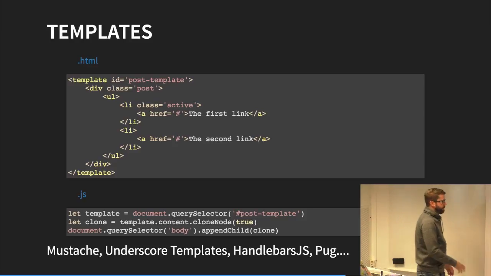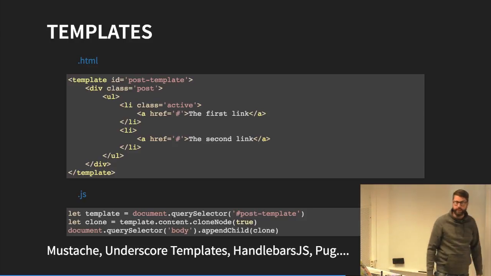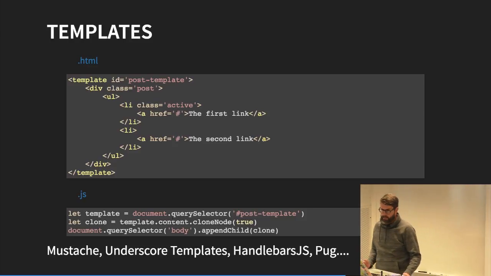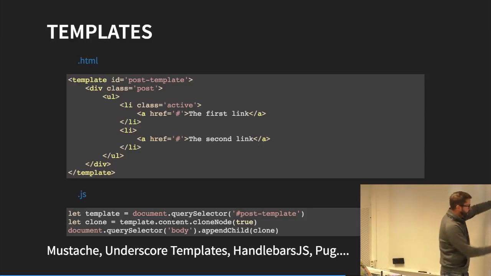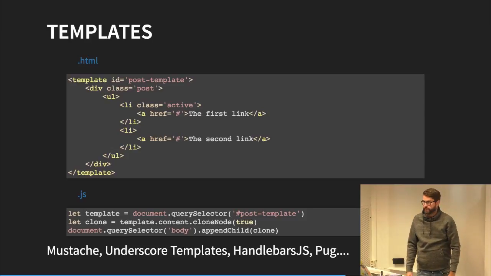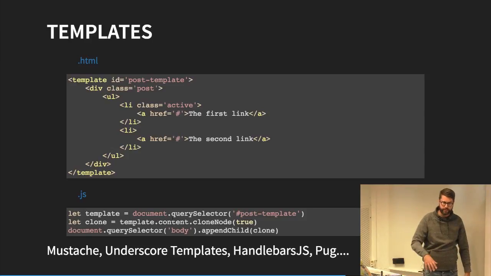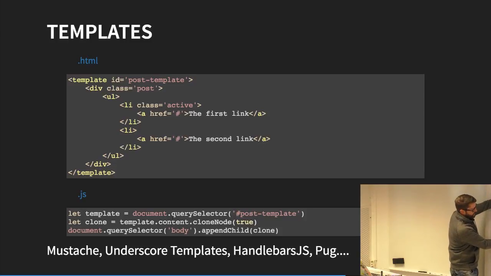So we can create a template. This is written in HTML. Inside of the HTML document, I've written this template because, for this post, we can think about Slack once again. As soon as someone is posting something in the Slack client, I want to create a post like this and add it to the client.